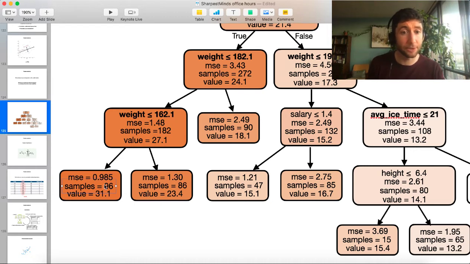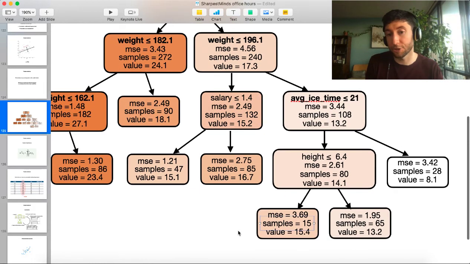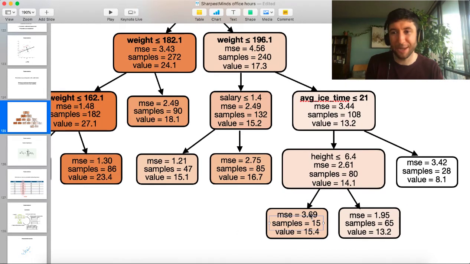Another thing to notice is you actually can see, based on this tree, how many samples ended up in this bucket during training. So we have 96 players who ended up here, 86, 47, and so on, and it allows you to spot buckets where, for example, this one here, only 15 players ended up here during training. So maybe unsurprisingly, we have a higher MSE in that bucket, and it's up to you whether you choose to take that bucket particularly seriously.